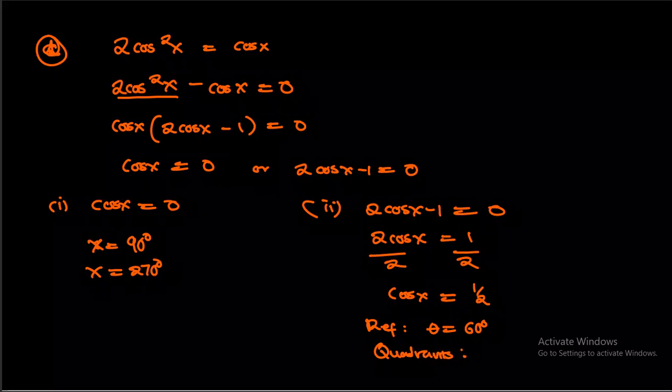So the quadrants now, where is cos x positive? Because here we know that half is positive. Cos x is positive in quadrant 1, and also in quadrant 4. That is what you have to appreciate with the circle.